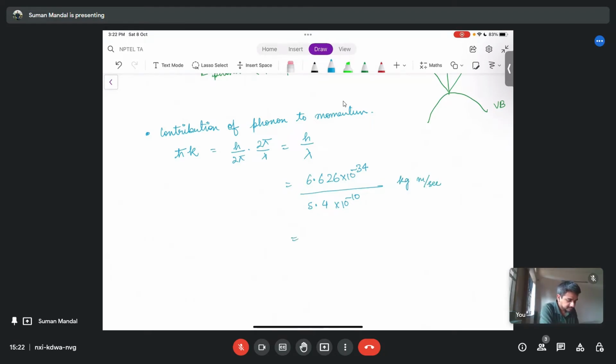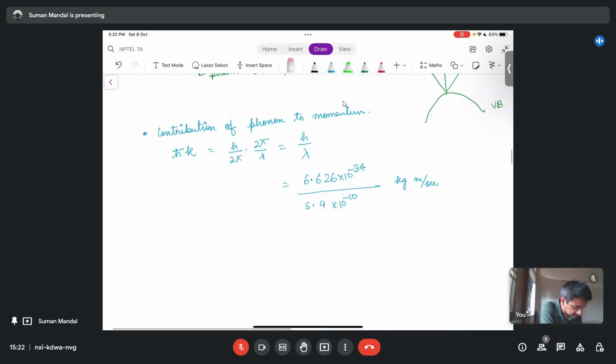So it is approximately 1.23 into 10 power minus 24 kg meter per second. This is the contribution of phonon to momentum.